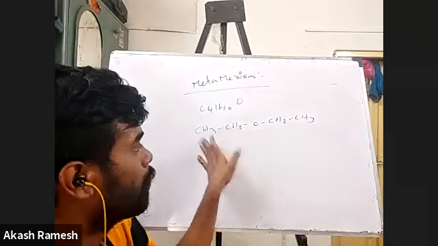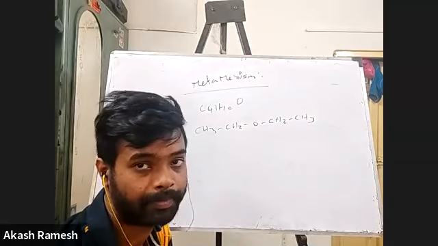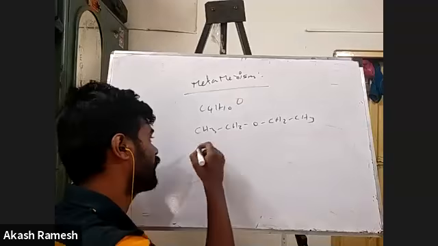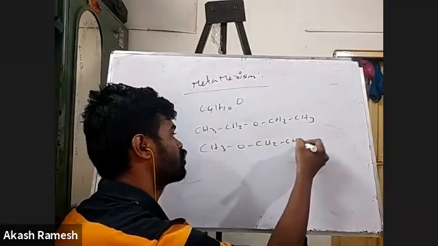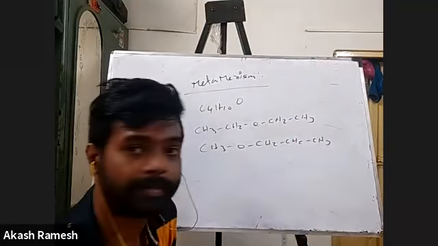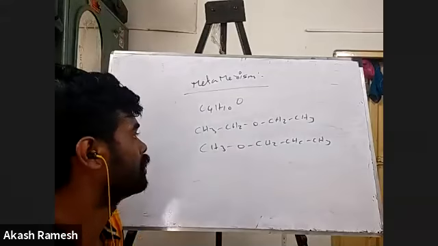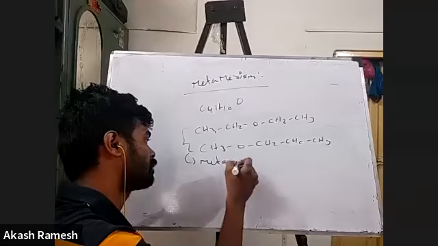But what you see is on both sides of the oxygen, I have two carbon atoms. Correct. Now instead of writing it like this, I can write it like this. Say I can write it as CH3-O-CH2-CH2-CH3. Yes, right. So again, what do you see? These two basically are what are called your metamers, right?